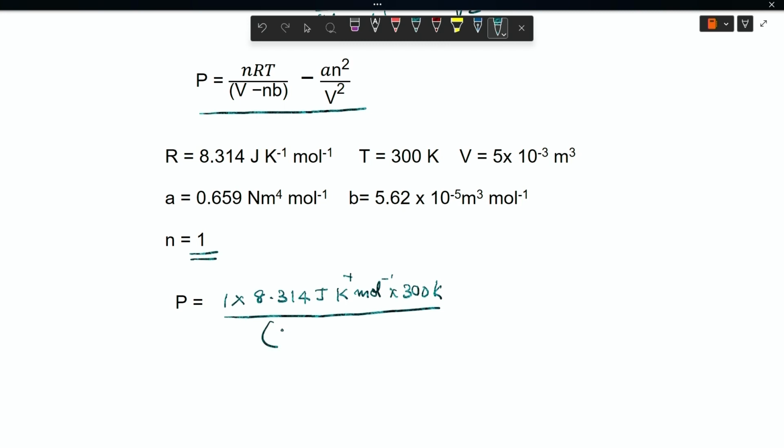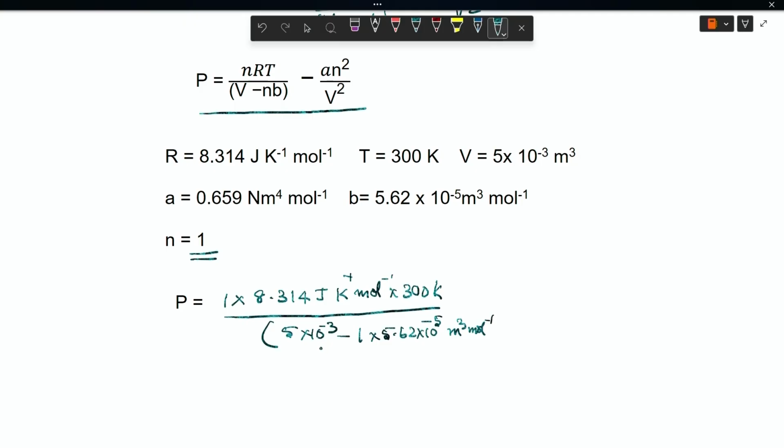V is equal to 5 × 10^-3 minus n is equal to 1, and the value of b is 5.62 × 10^-5 meter cube mole inverse.